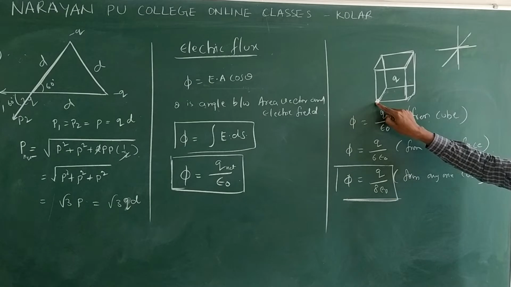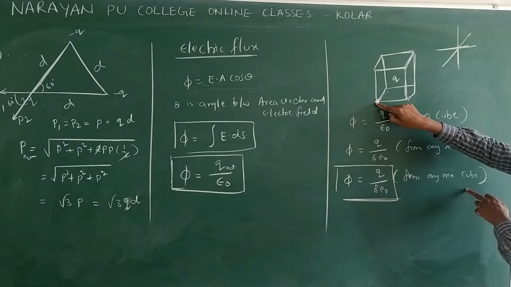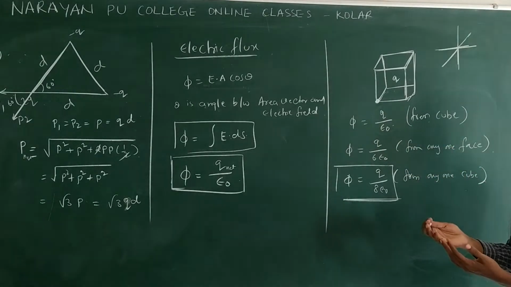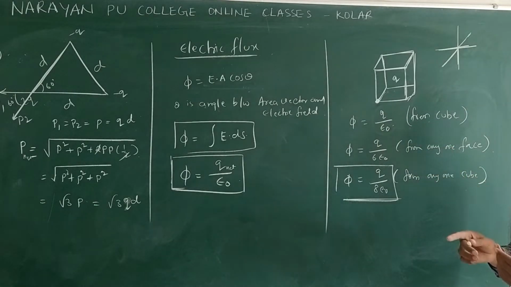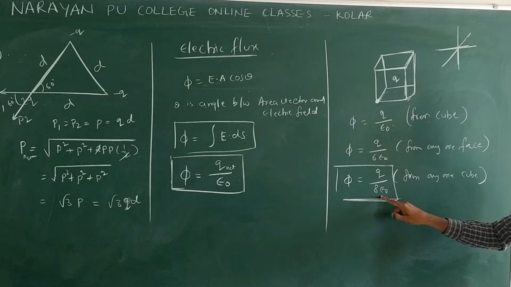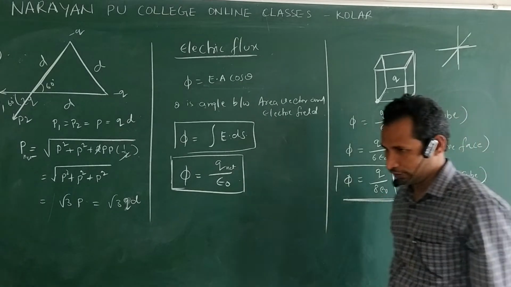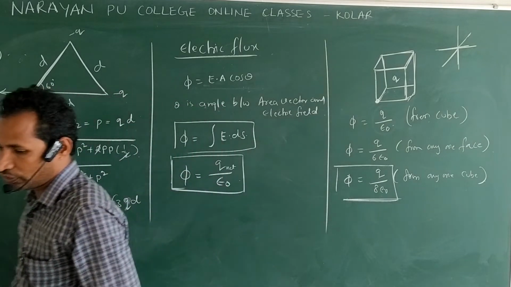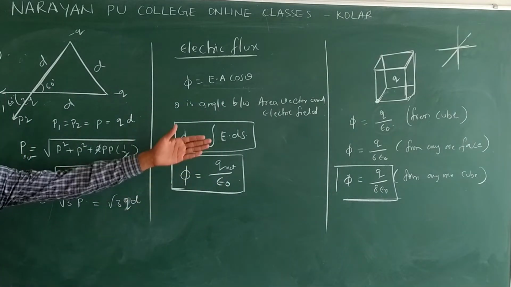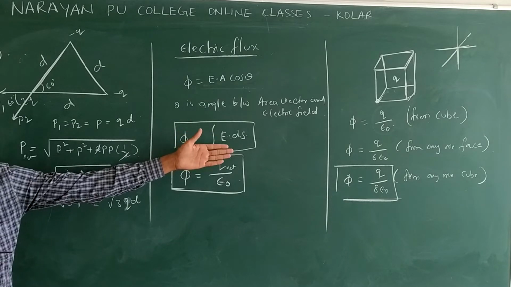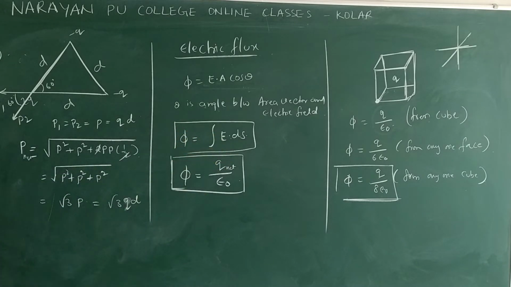So if they ask only one cube, it is 1 by 8 of the total flux, Q by epsilon naught. So Q by 8 epsilon naught. So we need to apply Gauss law, but just remember these common, frequently asked questions. Clear?